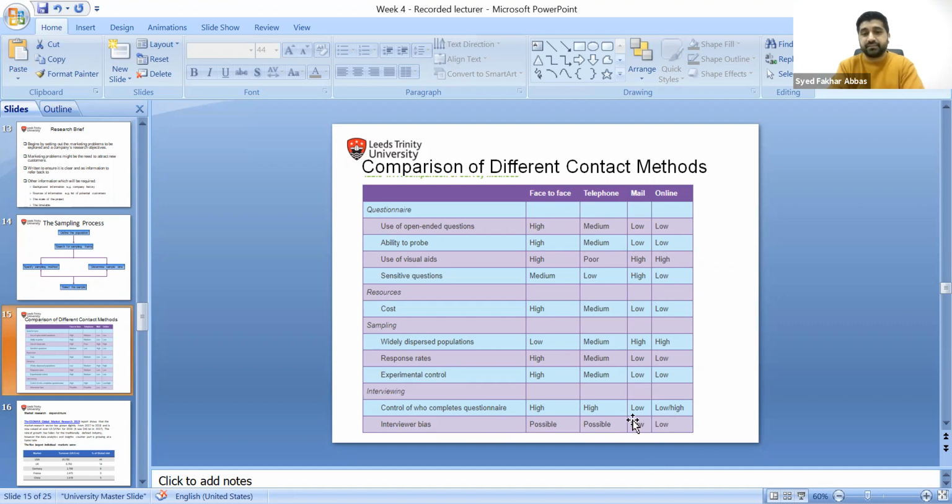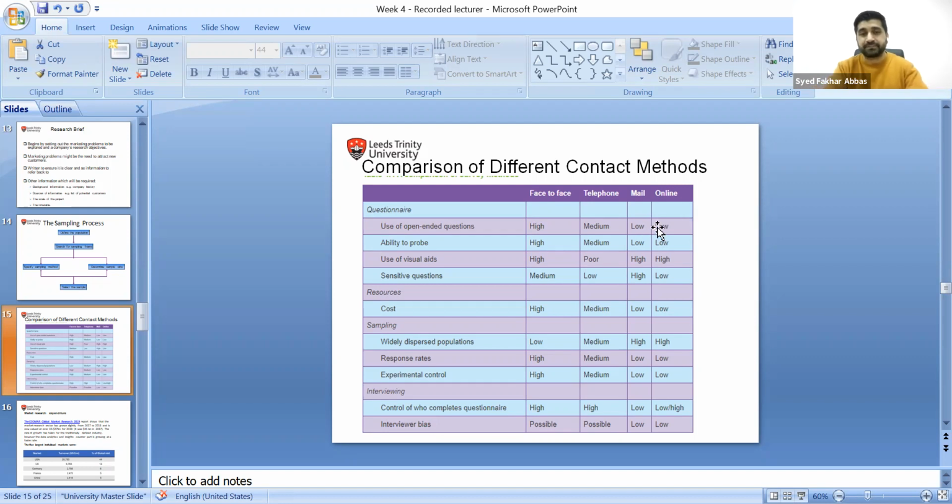And at the end, we can see the interviewer bias. We don't know who is sitting behind the computer; we have no idea. So there are chances that there will be no bias happening here. Online, because of the internet, everything is low.